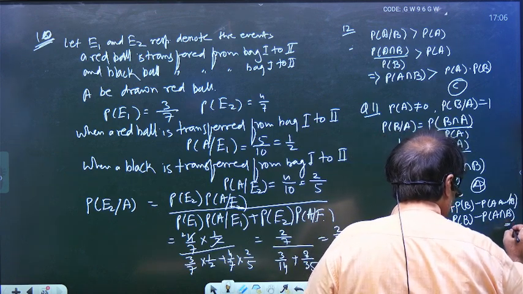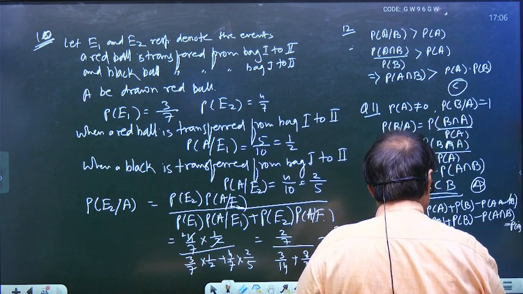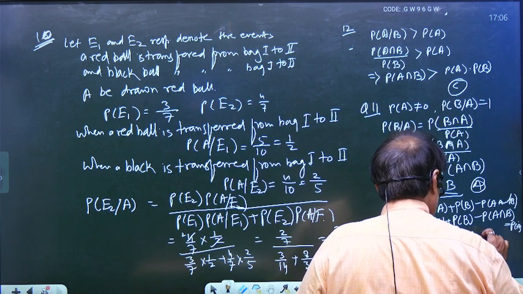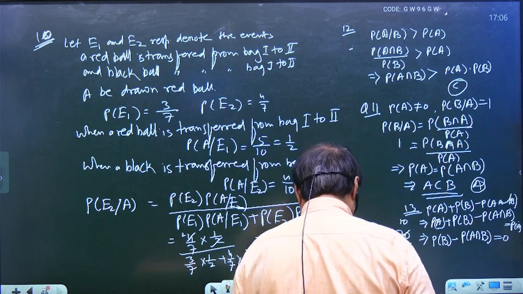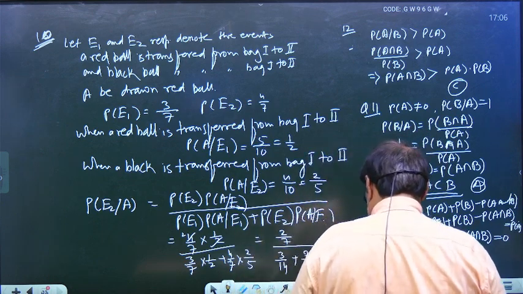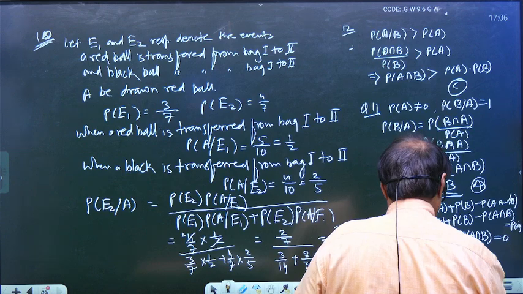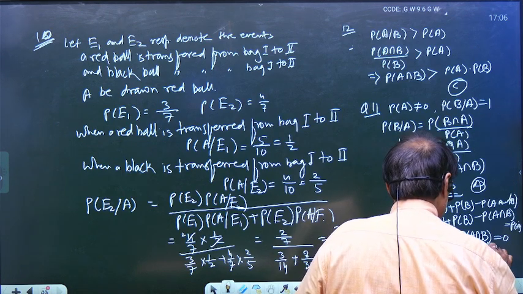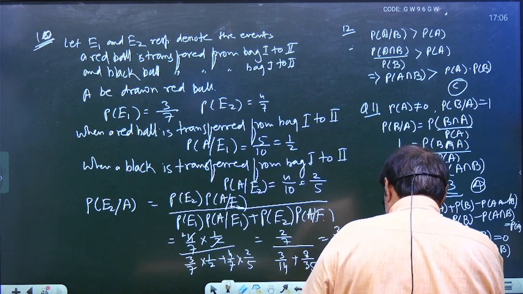So it means that probability of B minus probability of A intersection B is equal to 0, since PA minus PA is 0. So probability of B is equal to probability of A intersection B.